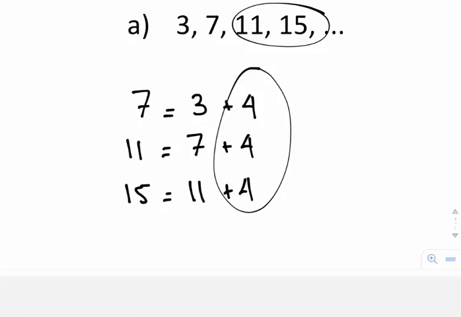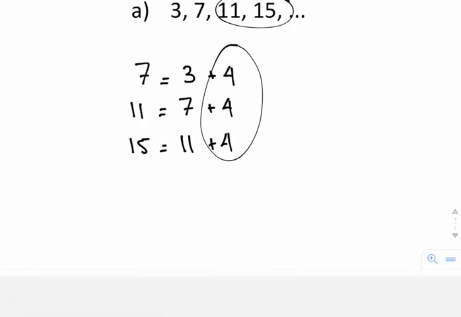So how can I generalize this to any term in this sequence? Well, what I'm going to do is label my successive term, say t of n plus 1, as being the sum of the previous term and 4.